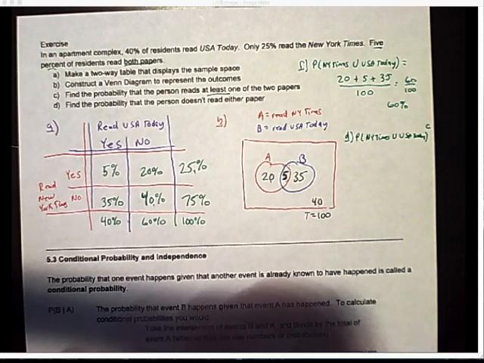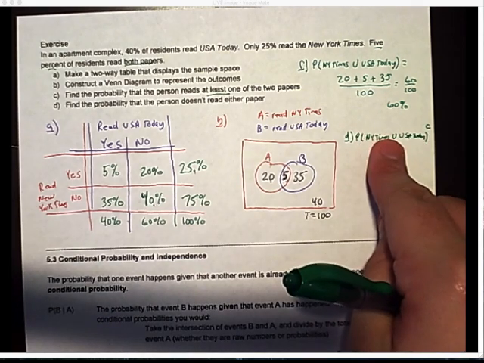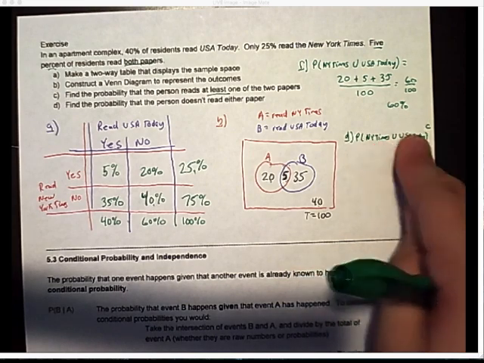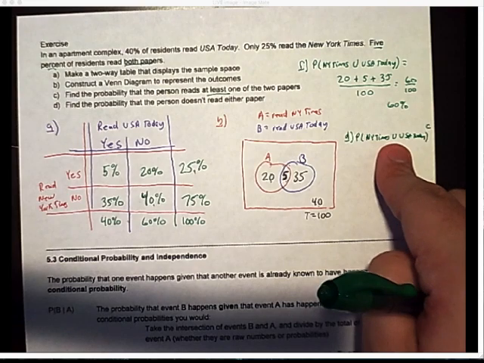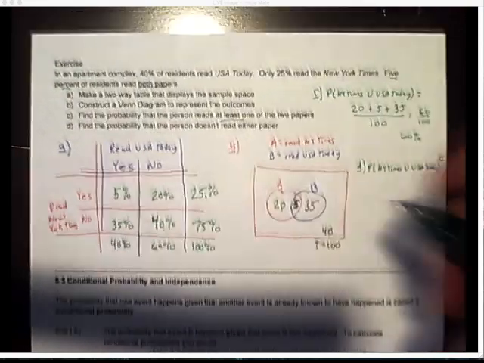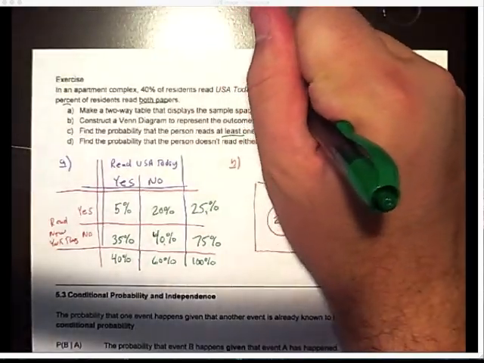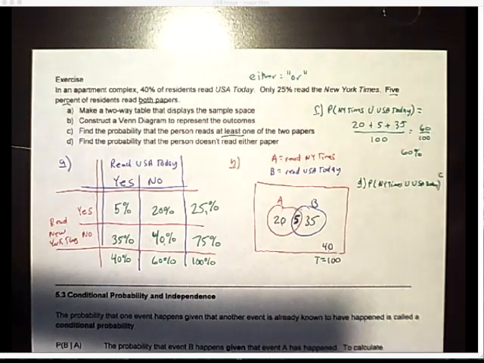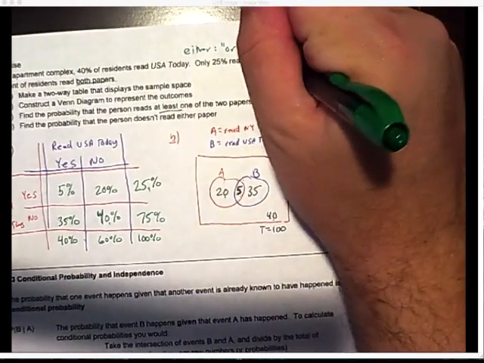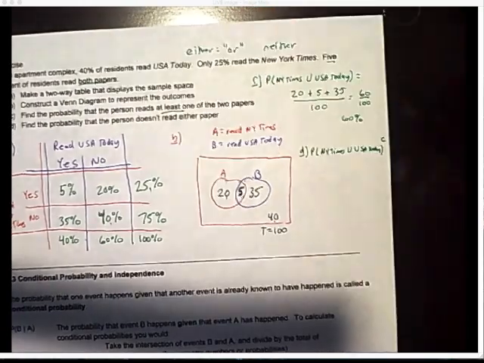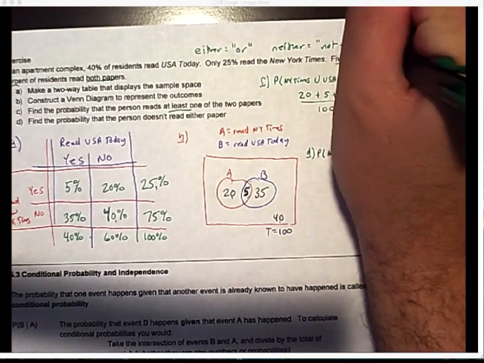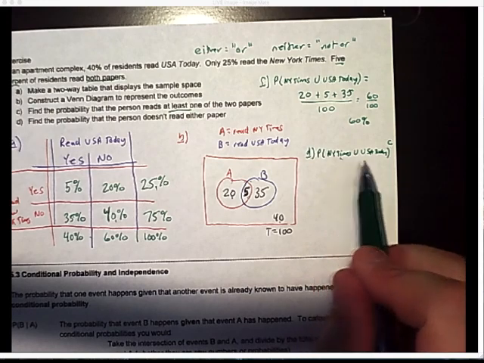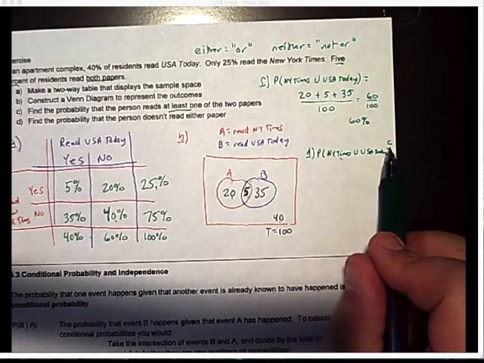Because if they don't do either one, all right, either means or, neither means not or. Okay? So either is synonymous with or, neither means not or. So you do an or statement, but you make it a not, you make it a complement.